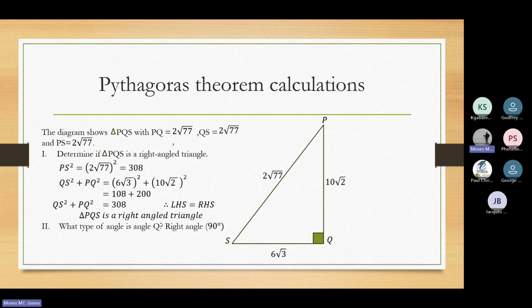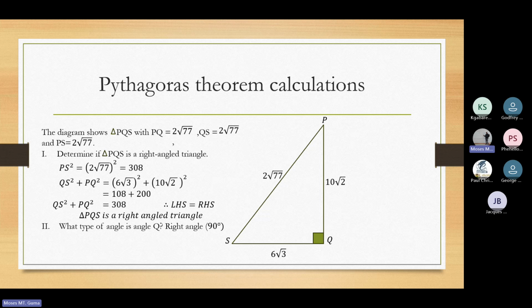Now, 2 root 77 all squared is equal to 308. Remember, I'm not calculating this side. I am proving that this triangle obeys the theorem of Pythagoras. What is next now? I must prove that this side plus that side, when each is squared, they are equal to 308. Let's see that.